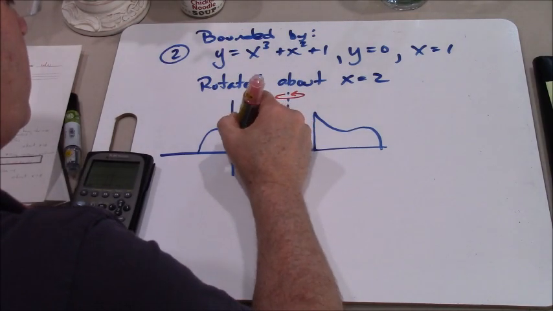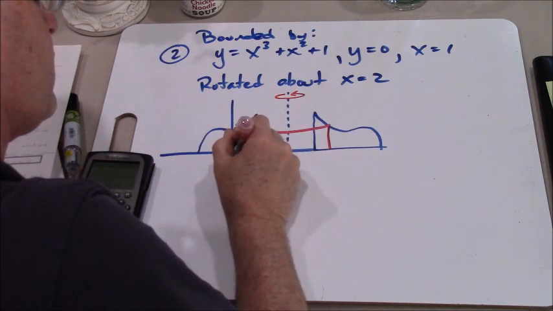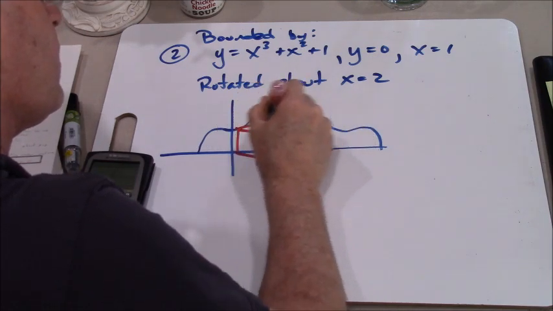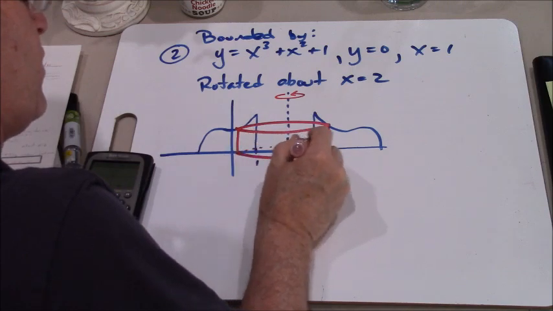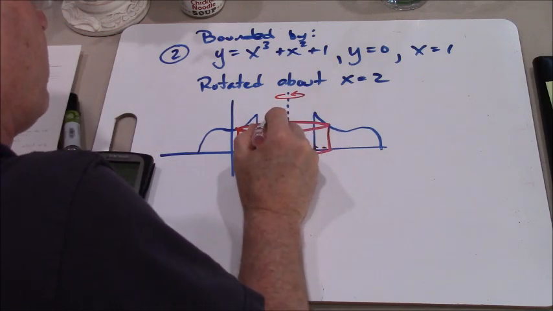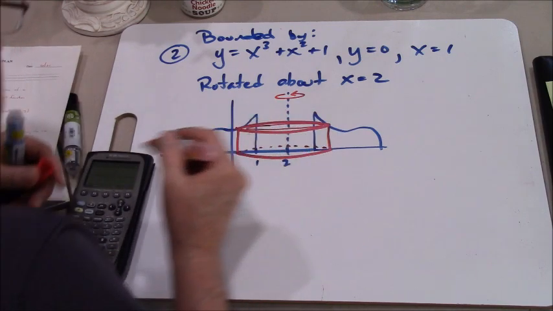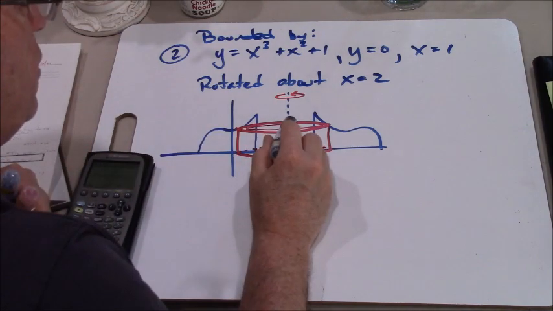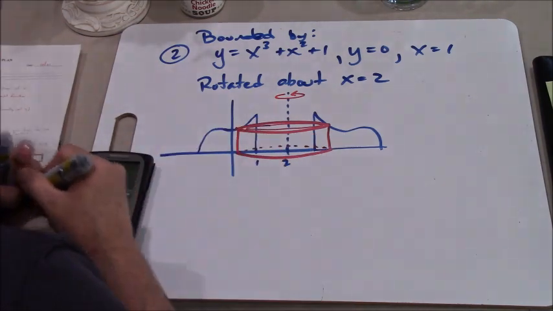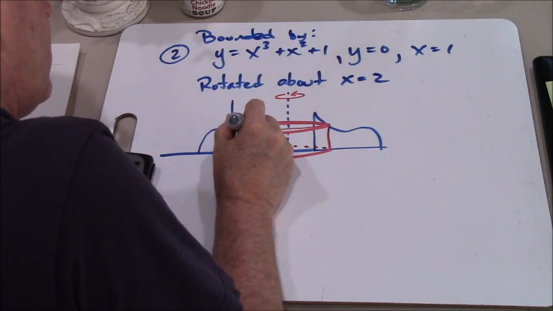And so I'm going to draw one like this. This would be a part that we could not see. We'll give it a little bit of thickness. And I have to go from the axis of rotation back to the original curve. And right there, that's where I'm going to have my thickness.